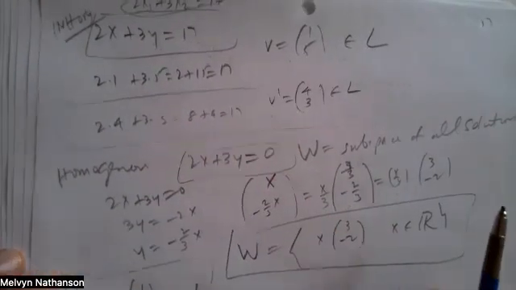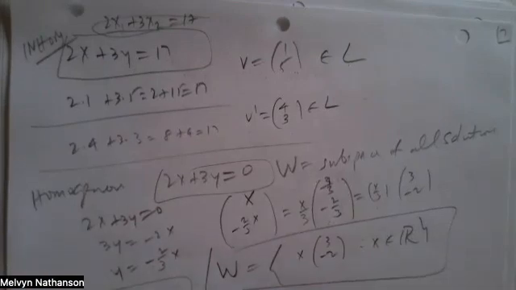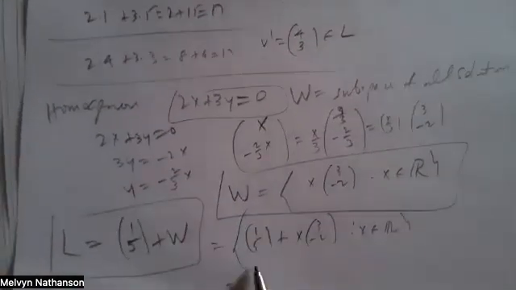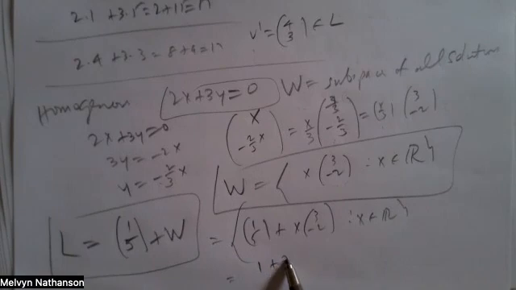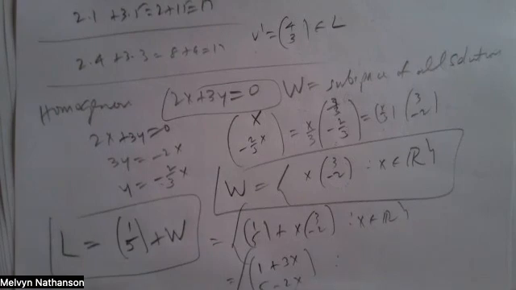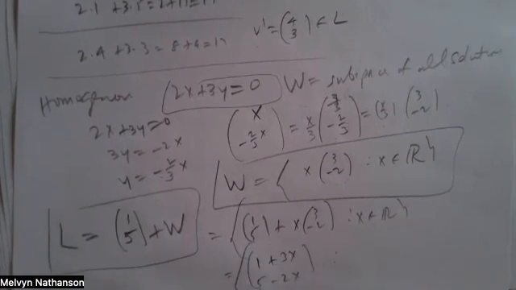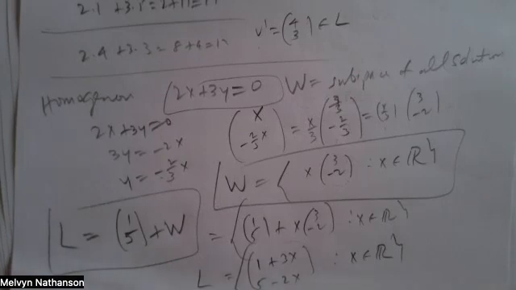Every solution of the inhomogeneous equation is the vector (1, 5) plus some multiple of the vector (3, -2) for any number x. Or if I write this as one vector, this is (1 plus 3x, 5 minus 2x). So this is the solution space for the inhomogeneous equation. It's all vectors of this form.